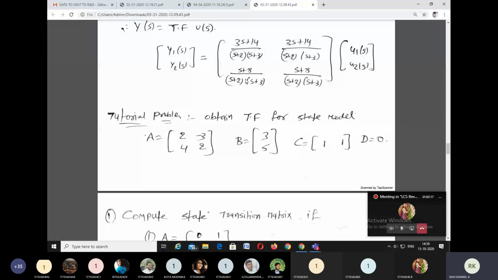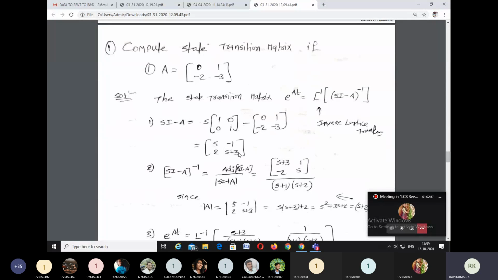Later we have seen, when the state space model is given, how to write the transfer function, now in reverse. So that thing by using the C into (sI minus A) whole inverse into B plus D formula. By using that one we can write the transfer function from the state model, right? So here we have covered 4 important problems.